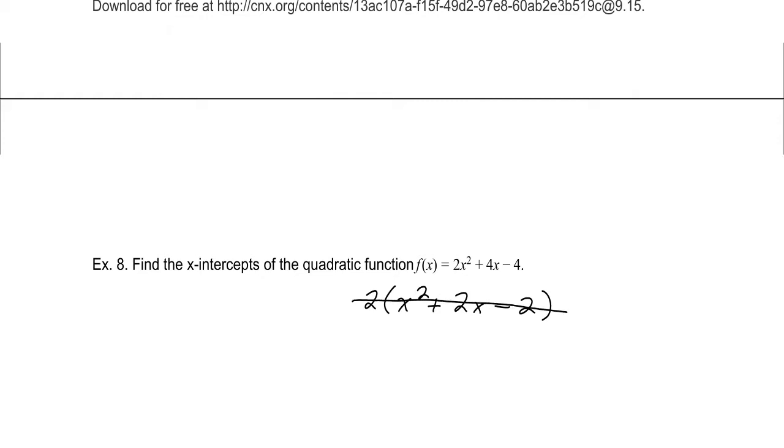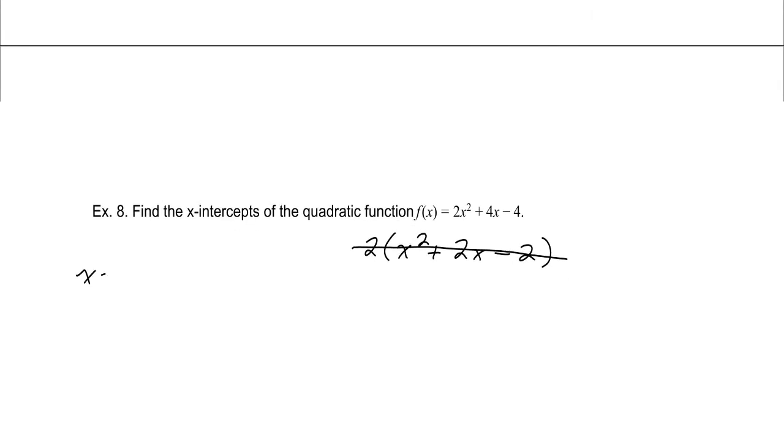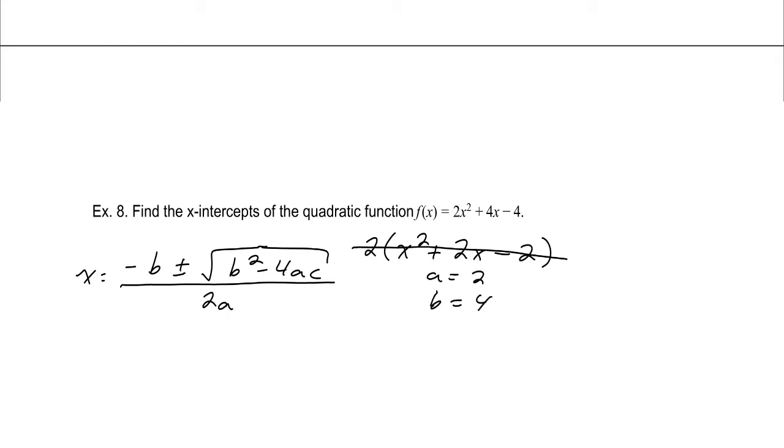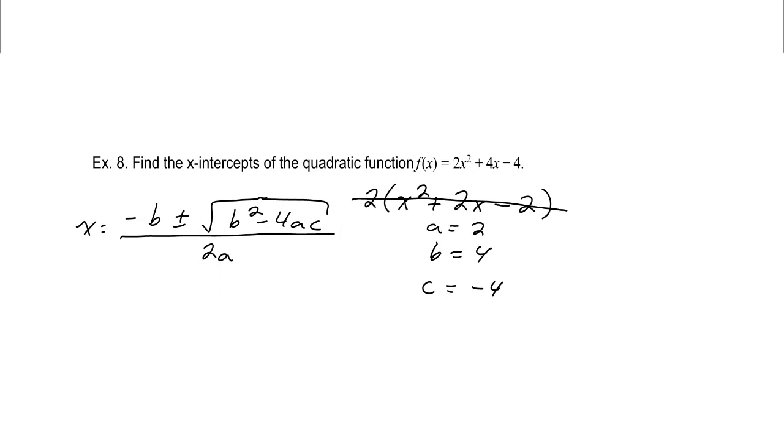So what we can do is use the quadratic formula, since all we need to find are x-intercepts. Negative b plus or minus the square root of b squared minus 4ac, all divided by 2a. Alright, a is 2, b is 4, and c is negative 4. In this case, it is in our general form.